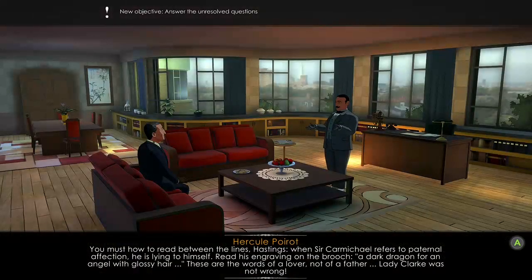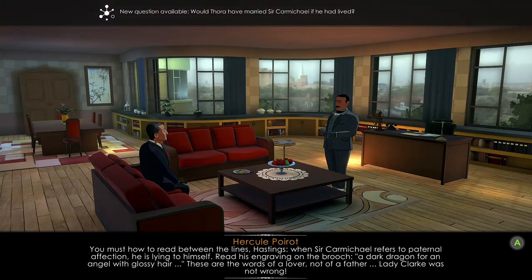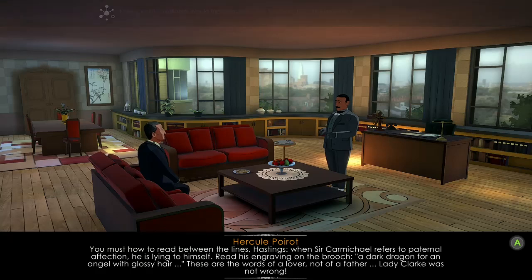You must know how to read between the lines, Hastings. When Sir Carmichael refers to paternal affection, he is lying to himself. Read this engraving on the brooch. A dark dragon for an angel with bright hair. These are the words of a lover, not a father.